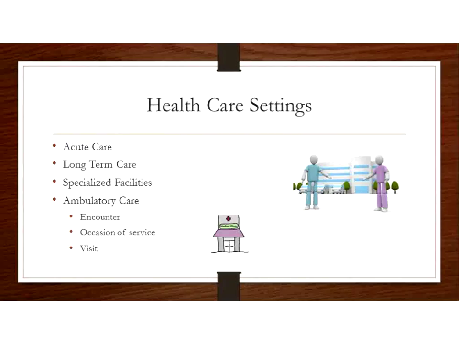When we're looking at long-term care facilities, there are different types. You've got your SNFs. That stands for skilled nursing facilities. This is the highest level of long-term care that you can get. The SNFs serve dual populations.